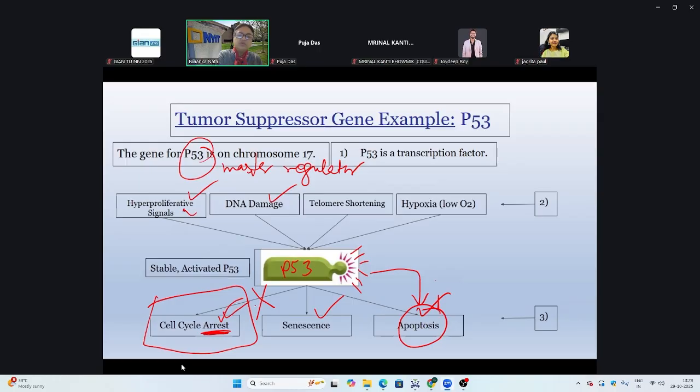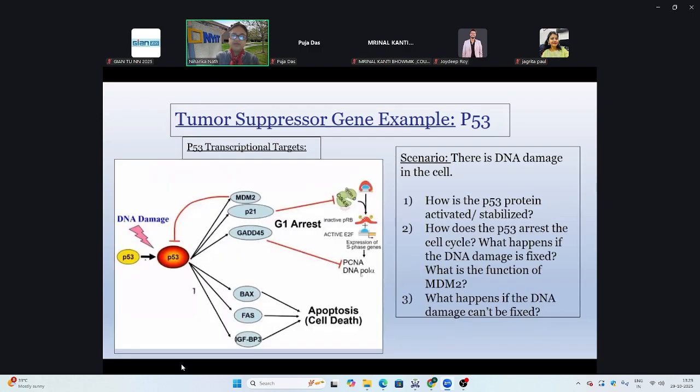There will be no apoptosis and no senescence if P53 is mutated. It just doesn't work. See that sunshine? That sunshine is just not there anymore. It's just a boring protein that refuses to work. And if cell cycle arrest does not take place, that's a big, big problem.